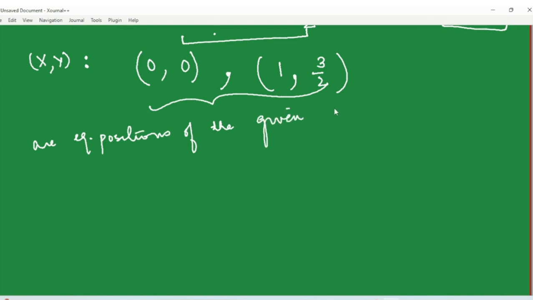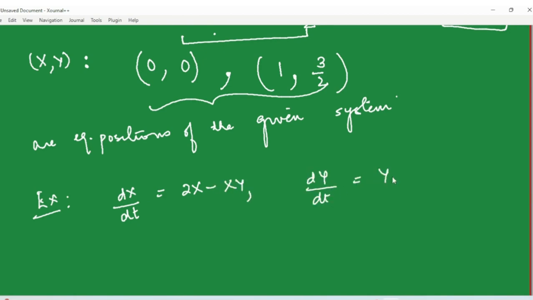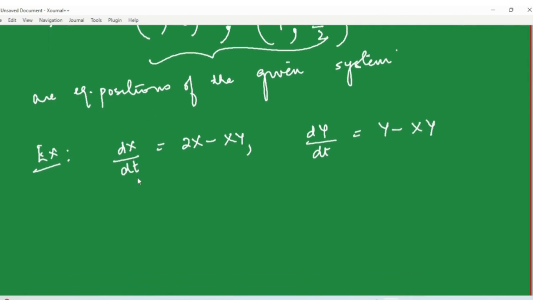So next example, let's say dx by dt is 2x minus xy, and dy by dt is y minus xy. Now for equilibrium, we want dx by dt to be 0 and dy by dt to be 0.